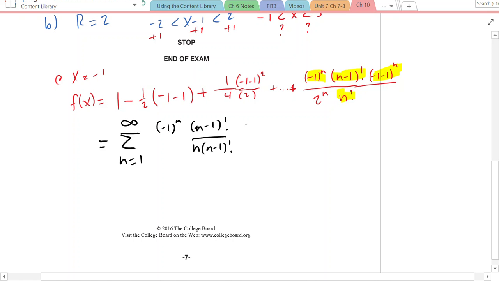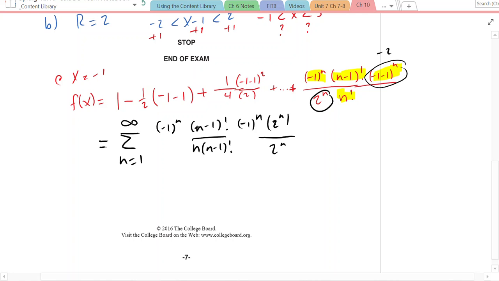And then here, this is really negative 2, so we're going to have a negative 1 to the n power times 2 to the n power. I'm just going to write 2 to the n power over 2 to the n power. All I did was compare this to this, and then I've got the negatives.